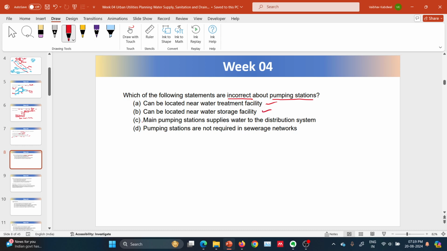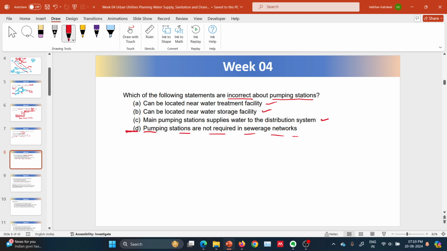Yes, they can be. Main pumping stations supply water to the distribution system. Yeah, main pumping stations supply water to the distribution system. And boosters we will study in further MCQs. Pumping stations are not required in the sewerage network.